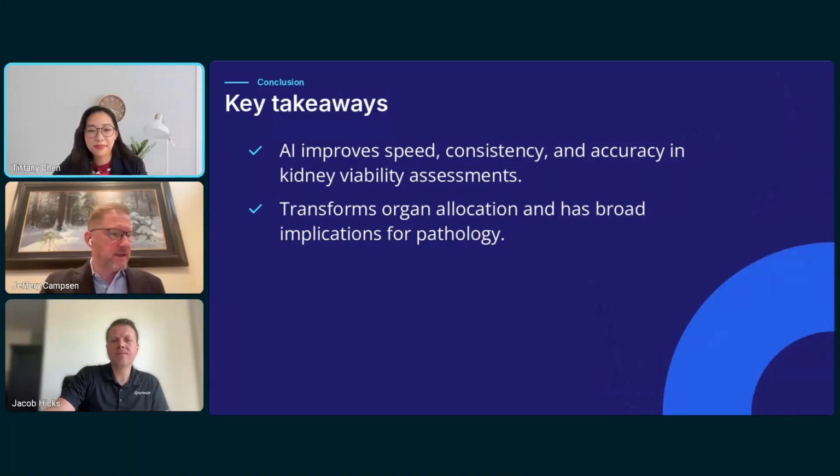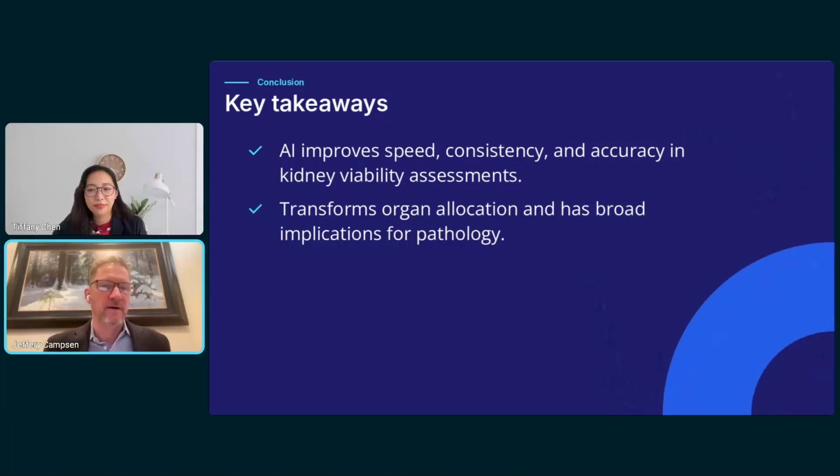So basically, the key takeaways here are what we've been talking about over and over again: we improve the speed, which is super important in organ donation. But more importantly, we also increase the consistency and accuracy amongst different types of individuals and team members.